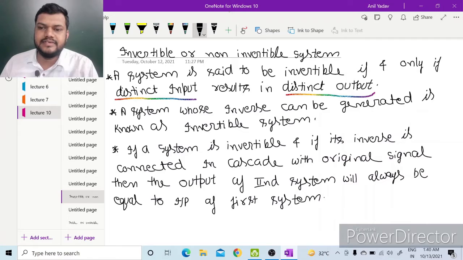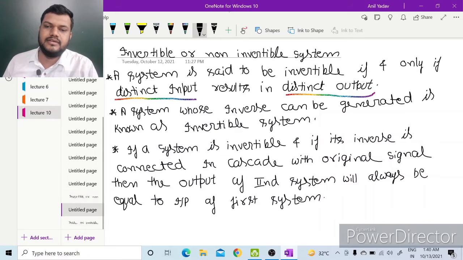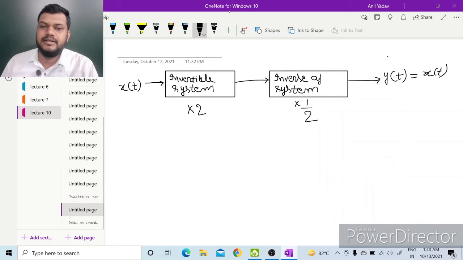If a system is invertible and its inverse is connected in cascade with the original system, then the output of the second system will always be equal to the input of the first system. This we can see in this block diagram. Let us say there is an input x(t). This is given to an invertible system and the inverse of this invertible system is connected in cascade with this.